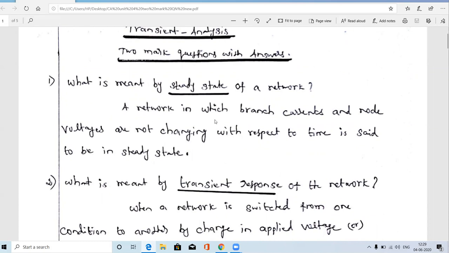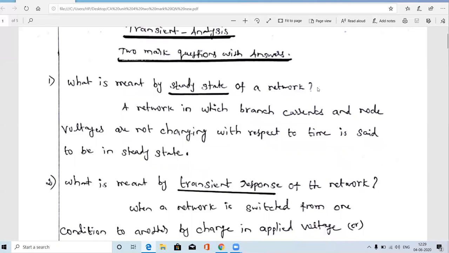A network in which the branch currents and node voltages are not changing with respect to time is said to be in the steady state. In our first unit and second unit problems, there is some circuit given, and we apply some input voltage.